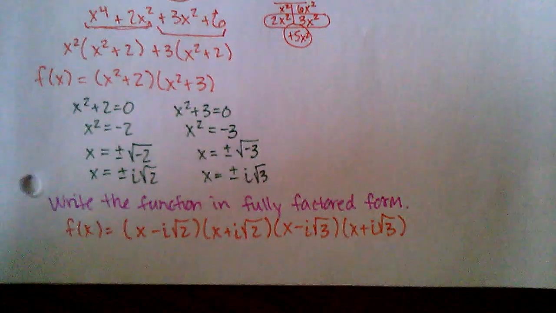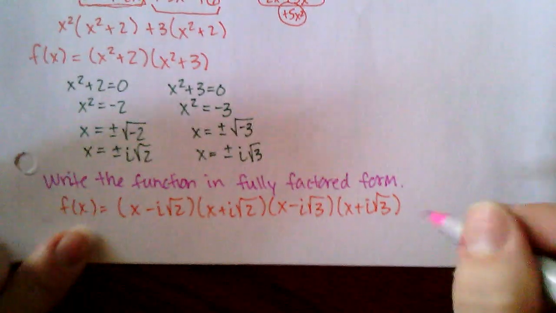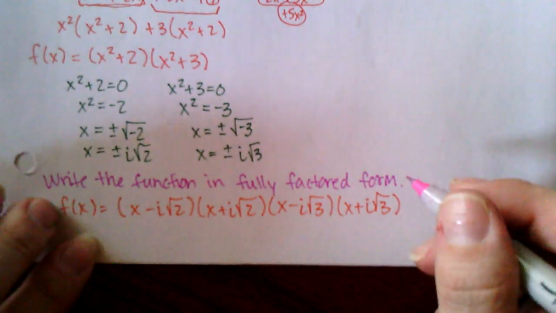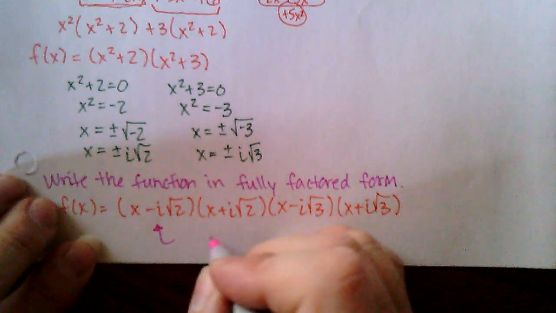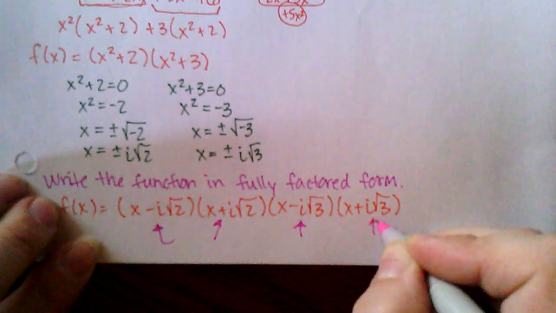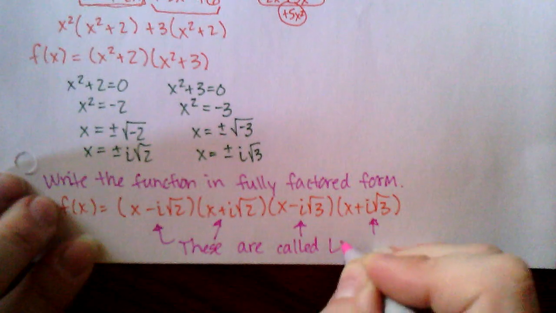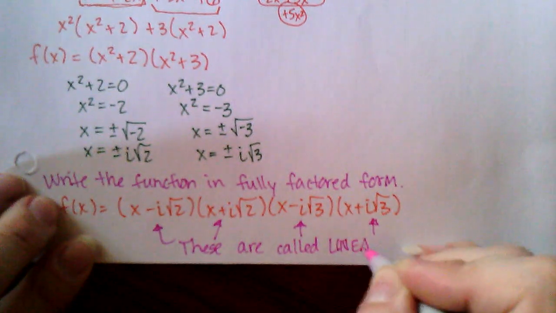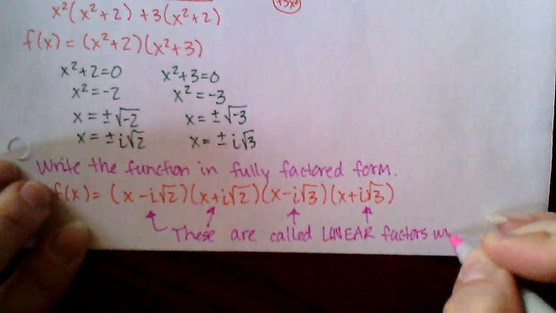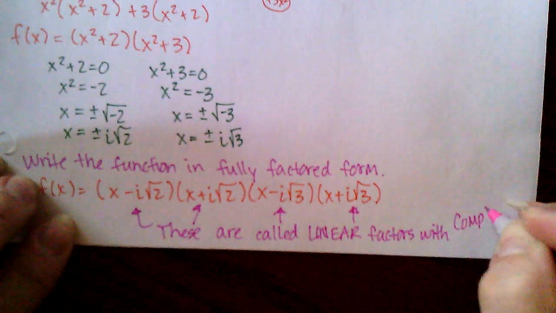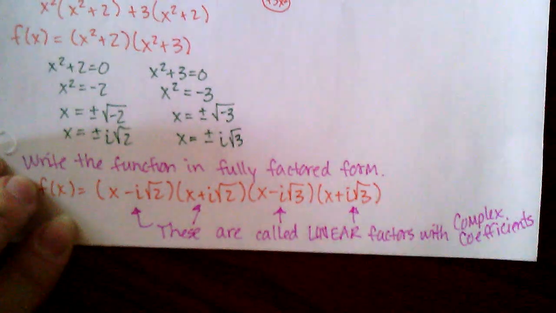Now, there are times that we're interested in each of those, actually. These down here are called linear factors with complex coefficients. So all four of these are called linear factors with complex coefficients, because there are complex numbers in those factors.